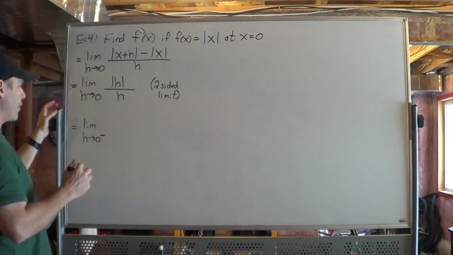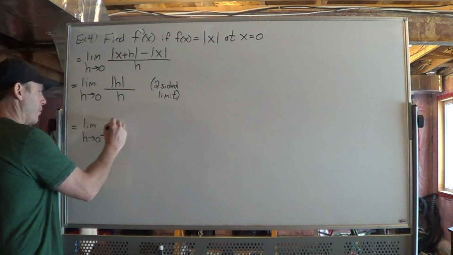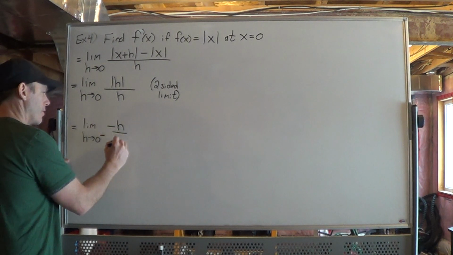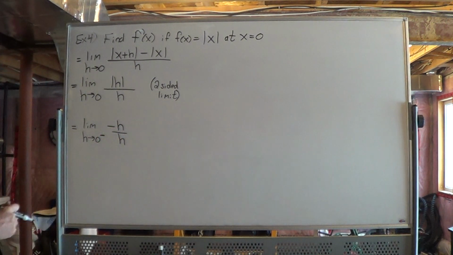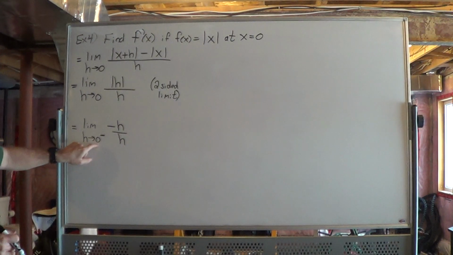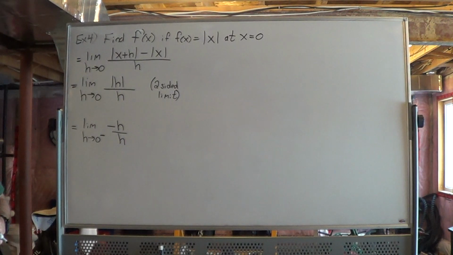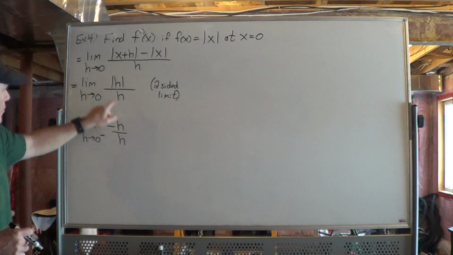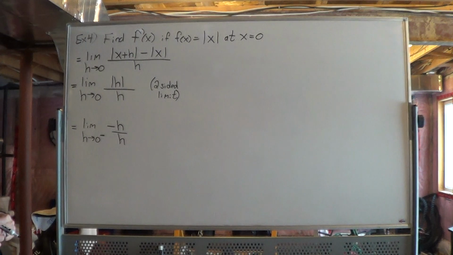And so the absolute value flips it to a positive. And so our function would be negative h divided by h. Because the absolute value flips things back to positive, when you're left of 0, which is all the negative numbers, your h is going to be negative, and so the absolute value needs a negative sign there to flip it back to positive.